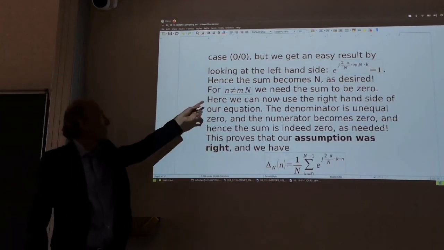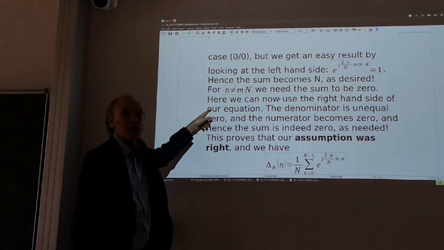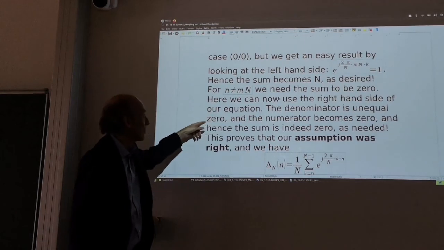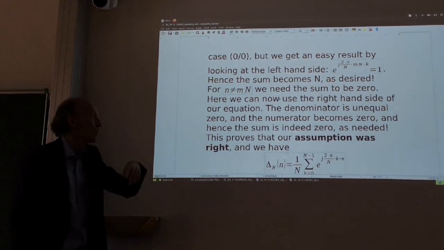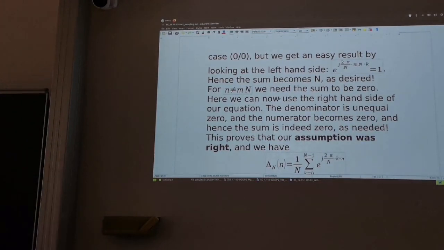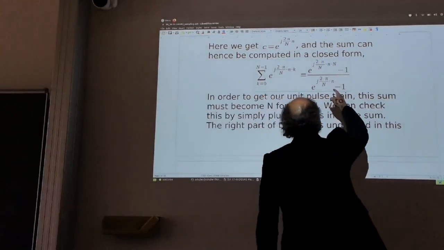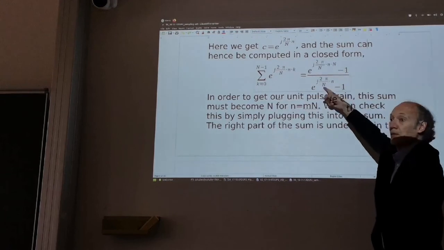So for n unequal mn, we need the sum to be 0. And here we can now use the right-hand side, which we just defined. The denominator is unequal to 0, and the numerator becomes 0, and hence the sum indeed becomes 0. So here, when n is unequal to mn, then we cannot cancel this. Right?